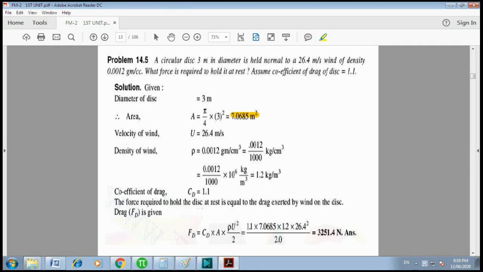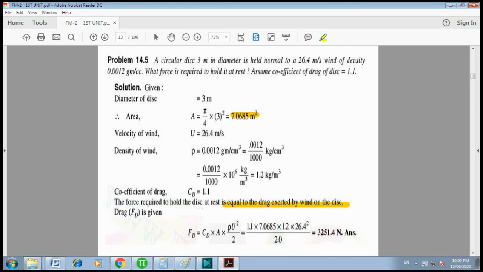Now the coefficient of drag has already been given, CD is equal to 1.1. The force required to hold the disk at rest is equal to the drag exerted by the wind on the disk. To hold that disk, the wind is exerting a pressure force, and that force we have to calculate.